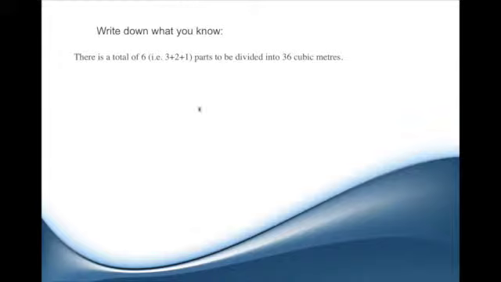So first thing we do is write down what we know. There is a total of 6 parts, that is 3:2:1, to be divided into 36 cubic meters. 36 divided by 6 parts equals 6, or using proportion, 1/6 equals x over 36. Either way, one single part or unit will equal 6 meters cubed.